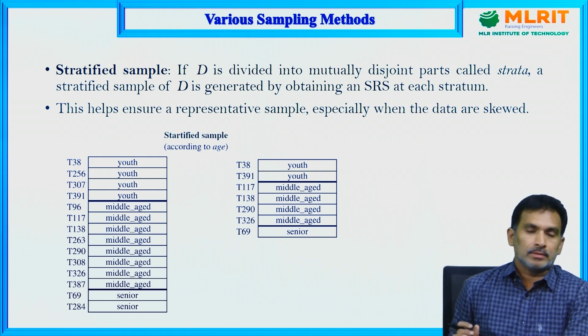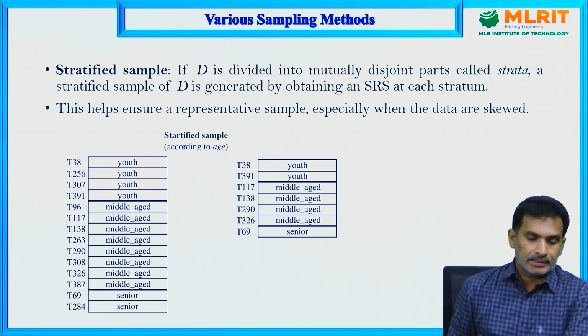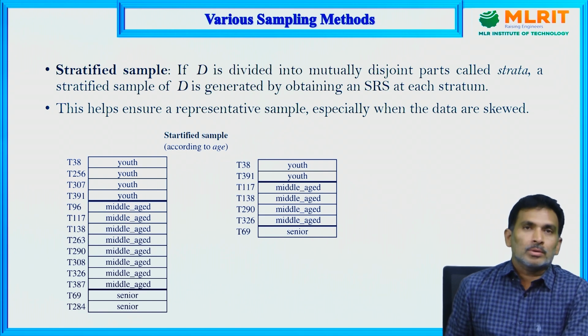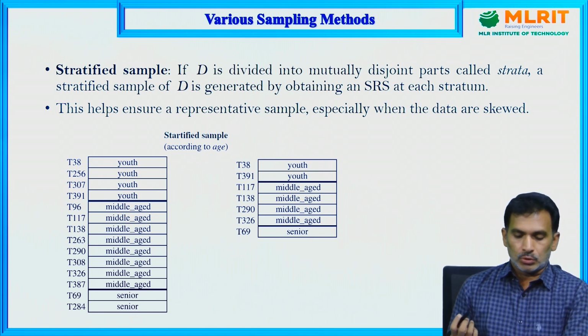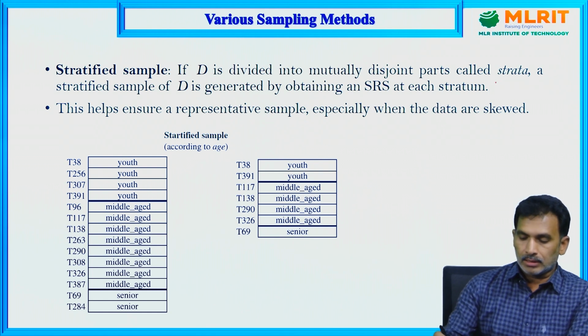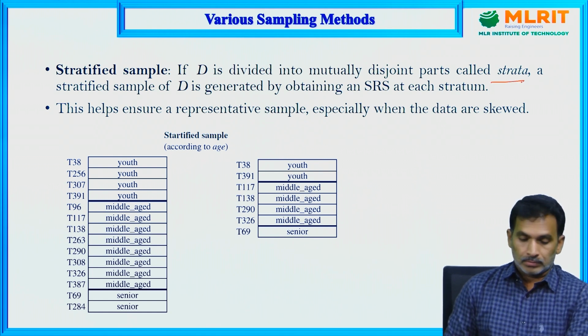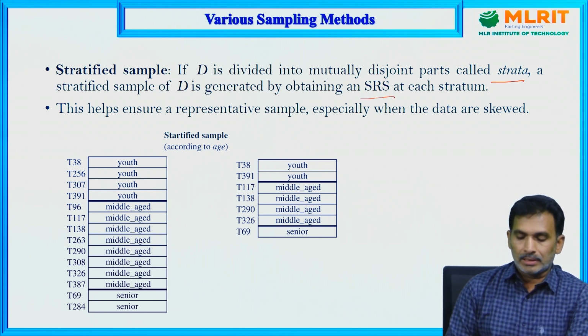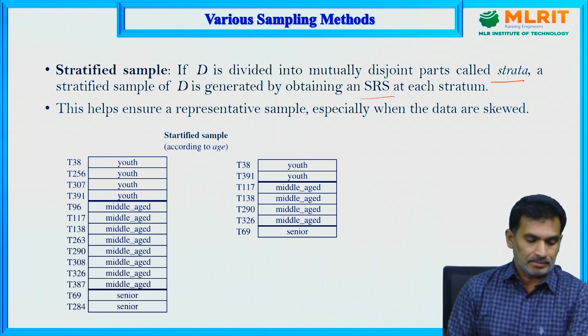Next, another important sampling method is stratified sampling. If D is divided into mutually disjoint parts, those parts are called strata. A stratified sample of D is generated by applying a simple random sample at each stratum.